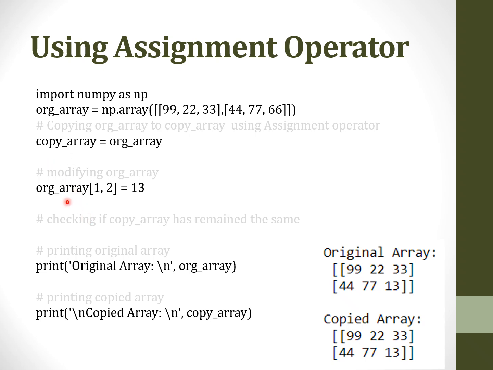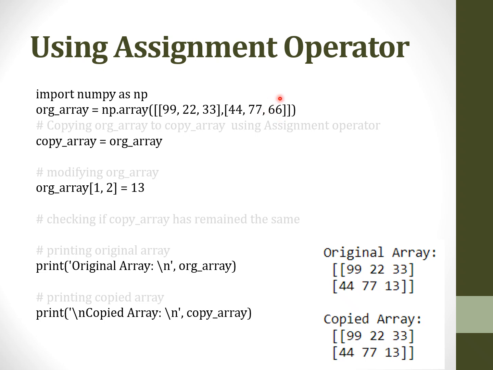One thing we have to note here is, suppose you are replacing an element in the array with some other value, for example using the assignment operator. In this matrix, the first row elements will be 99, 22, 33, and the second row elements will be 44, 77 and 66. We are replacing in the first row, which means this is the zeroth row, this is the first row, and this is the zeroth element, first element, second element.